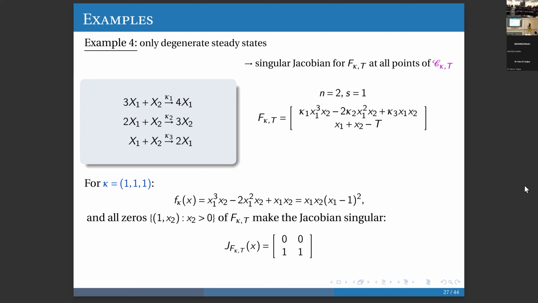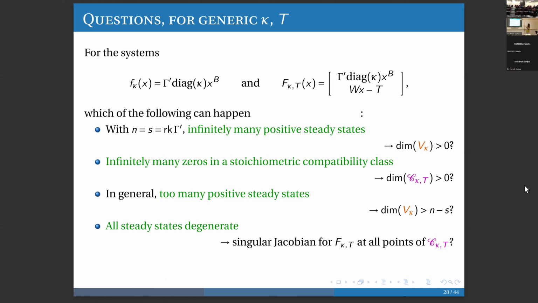The Jacobian is singular at all of them. So yes, sure, for some values it can happen. And not only for one value, for a whole variety of parameter space, a whole closed subset. So of course, it can happen for some values.